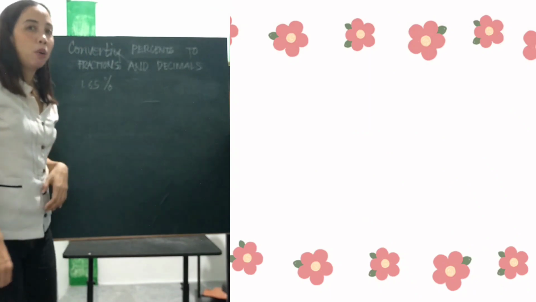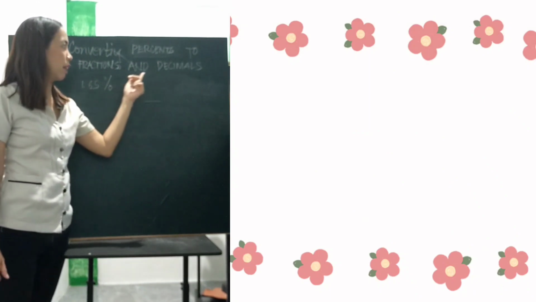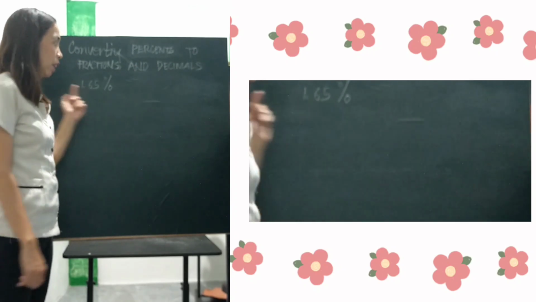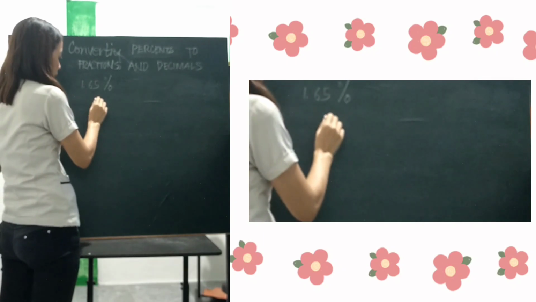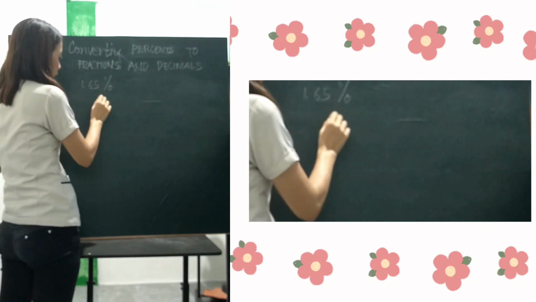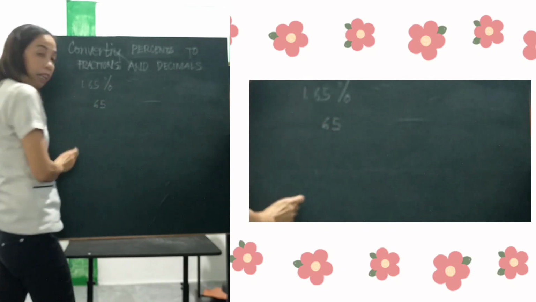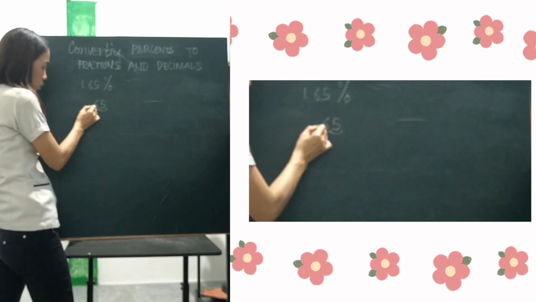Okay, now we will try to convert percent to fractions and decimals. Number 1, 65%. We will convert this into decimal. That is 65. Move the decimal point 2 places to the left. 1, 2.